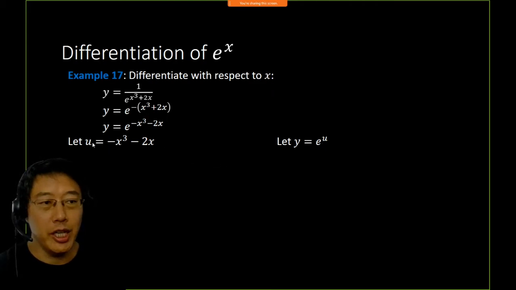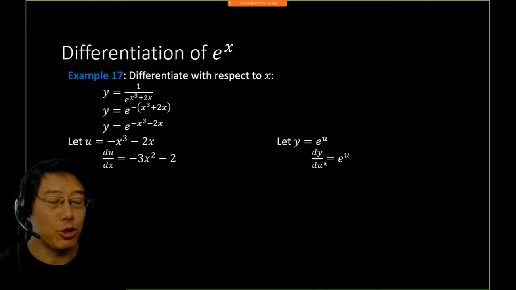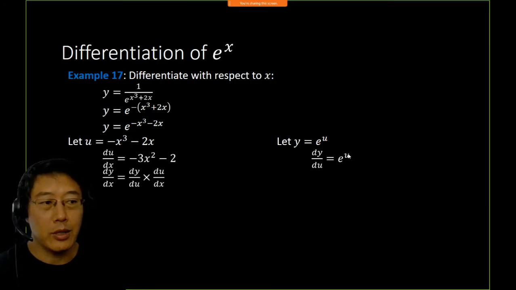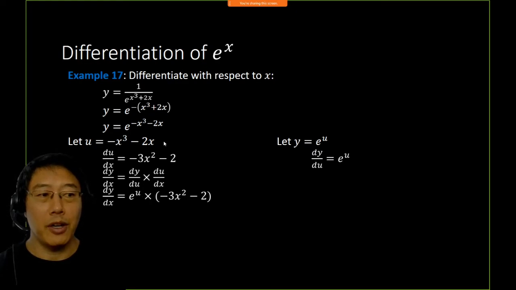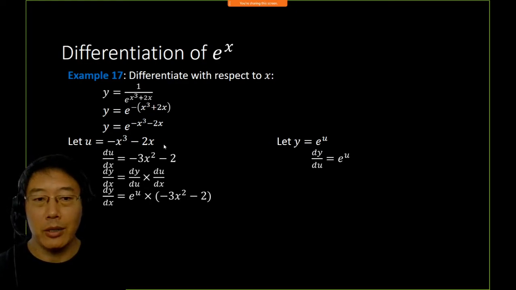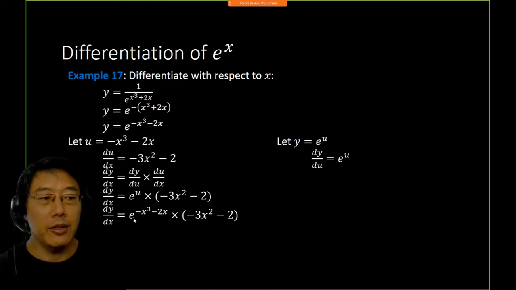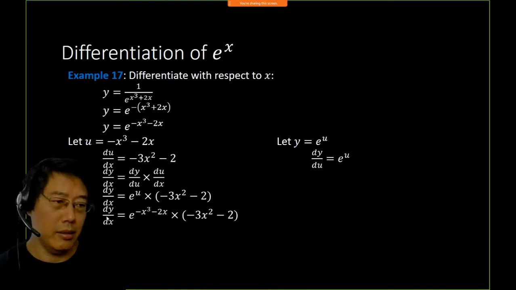We differentiate u in terms of x, and y in terms of u, we get those two, and to find dy dx, it's going to be the product of the two. Again, it's going to be e of u as a factor, so e of u is your dy over du. What you need to do is substitute u by what you defined here, negative x cubed minus 2x, and you get that function.